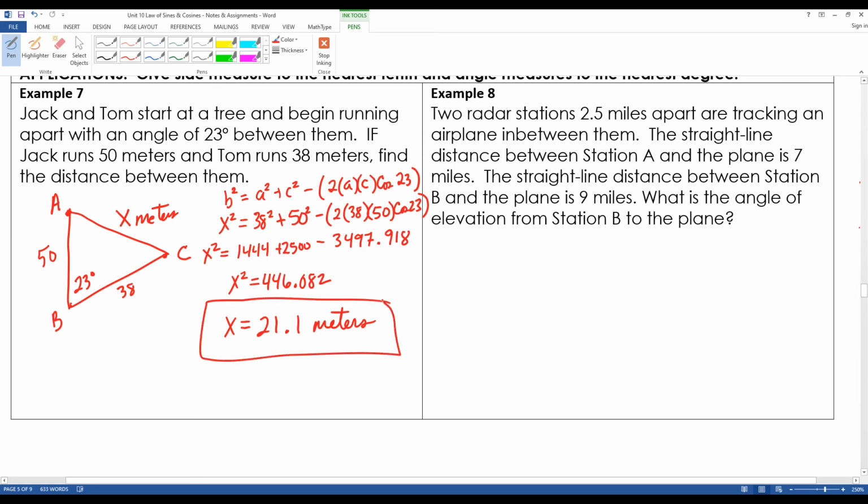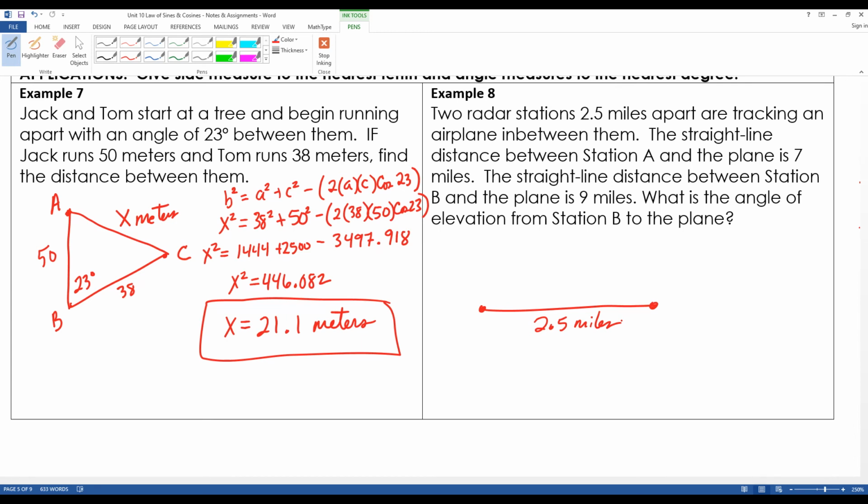All right. Example 8. Two radar stations, 2.5 miles apart. So let's say there's one, and there's another one, 2.5 miles, tracking an airplane in between them.